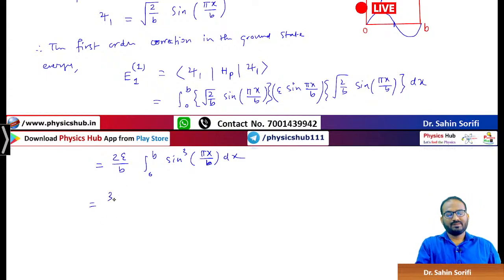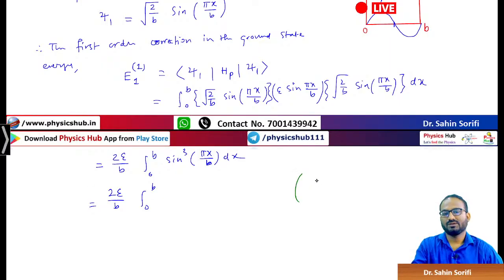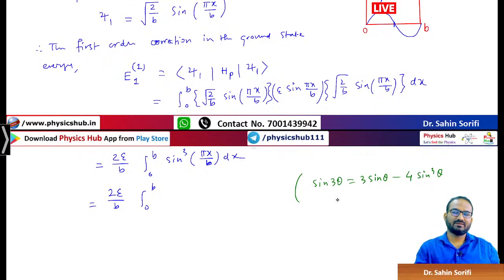So 2 epsilon by B, and now 0 to B. What is sine cube? You know the formula of sine 3 theta: 3 sine theta minus 4 sine cube theta. This is the formula we know. So what is sine cube theta?